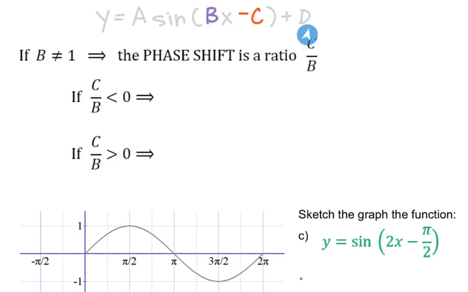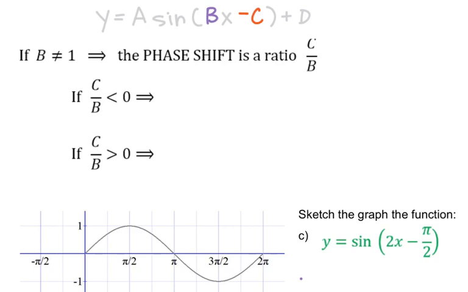So again, considering our standard form, if we've got both a b and a c value, and this b is not 1, the phase shift c over b is going to tell us which way we go. So remember, the c value that we pull out is always going to be the opposite of what we see, and then we're going to divide by whatever b is.